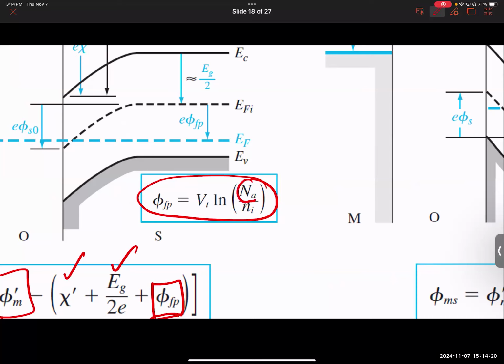Notice there is a doping concentration sitting in the equation. By changing the doping concentration, you can change this parameter. So semiconductor work function can be tuned and tailored. That's why we love semiconductors. You can control everything. Making sense? That's the reason why.